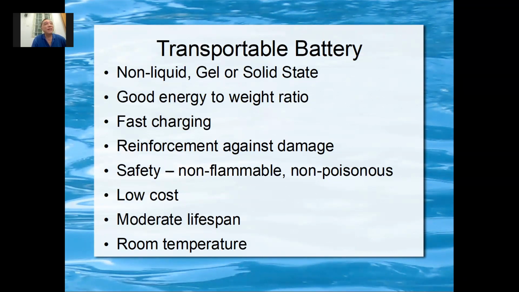It looks like they have a problem getting it out, because whenever it's a solid, it's not able to conduct the ion flow. That's why they use a gel. Gel is still a little bit liquid, so the ions can flow. Okay, and then for transportable, you must have good energy to weight ratio, because you don't want to carry the weight around.